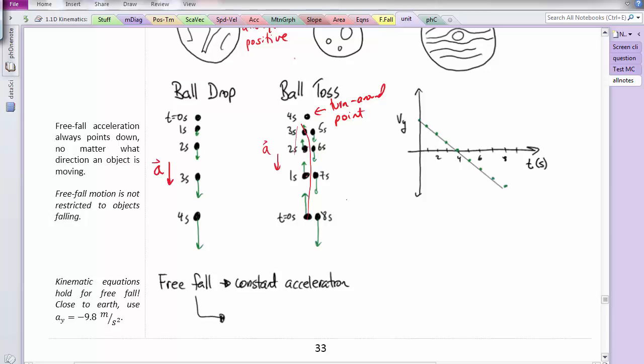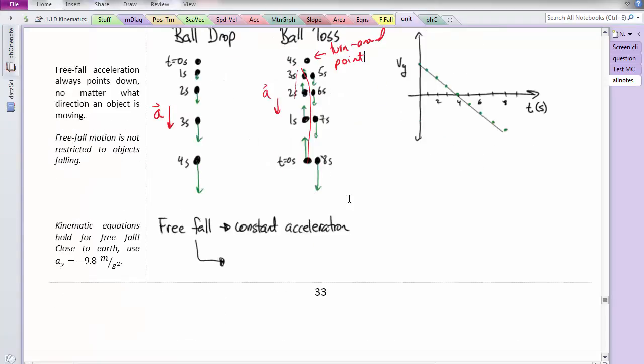If we were to draw a velocity time graph, the slope would be constant because at all times the acceleration is constant. If we toss the ball up, we would have an initial positive velocity, and that velocity would be decreasing.